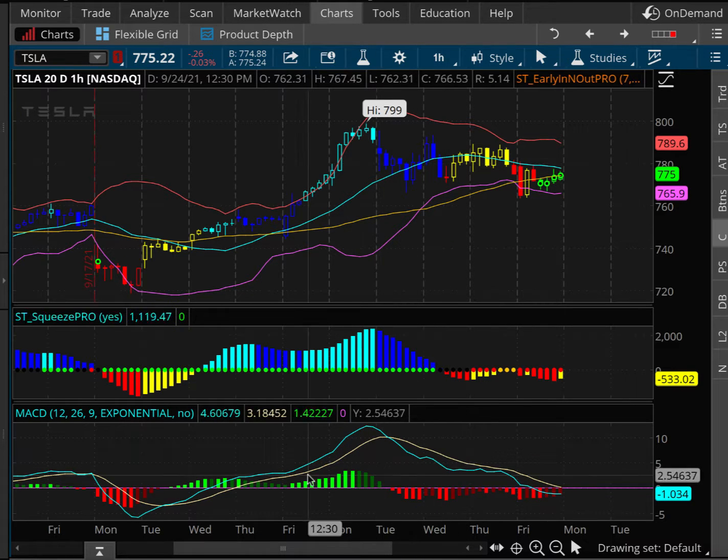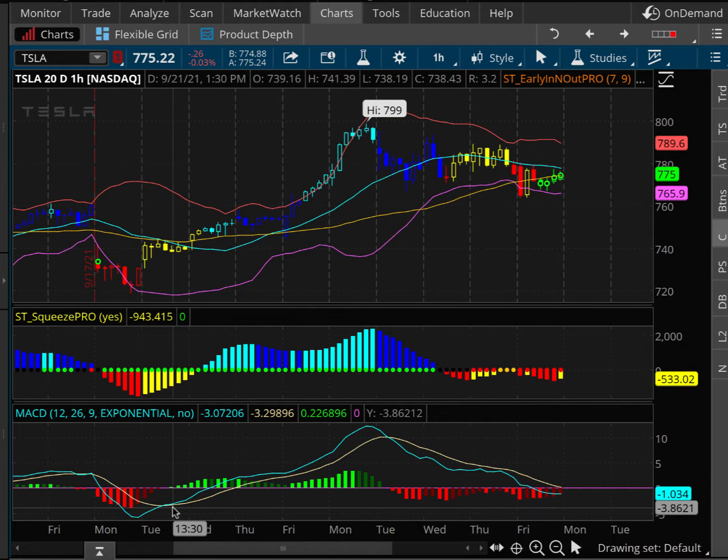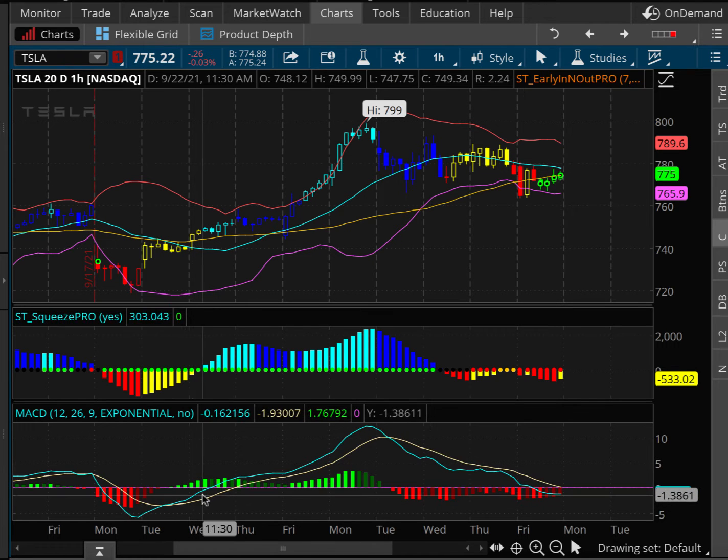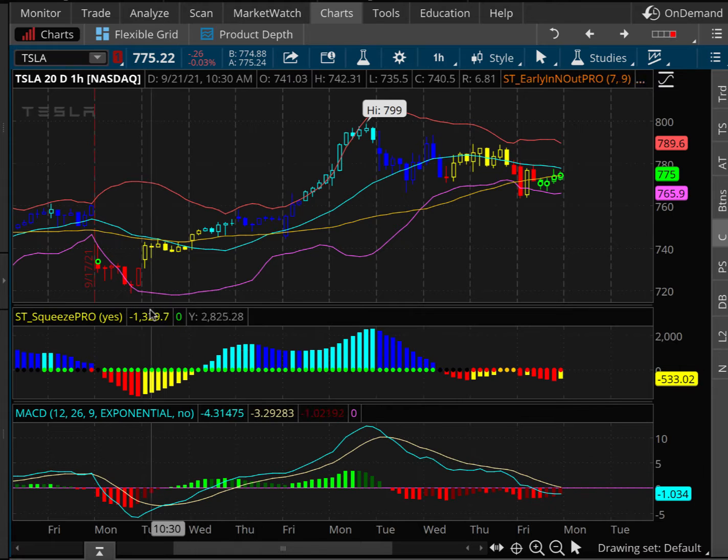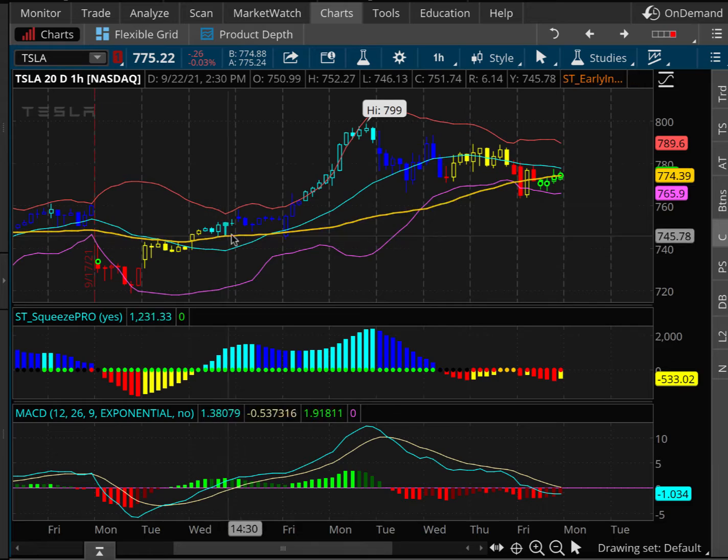For example, if you look at the separation between these two moving averages here, it's very gradual. And if you look at the price action, it is also very gradual moving up.